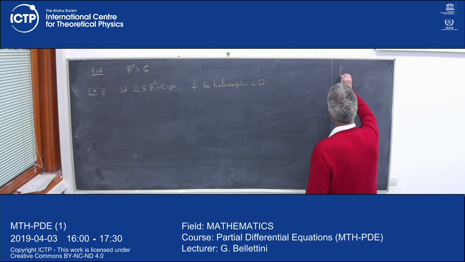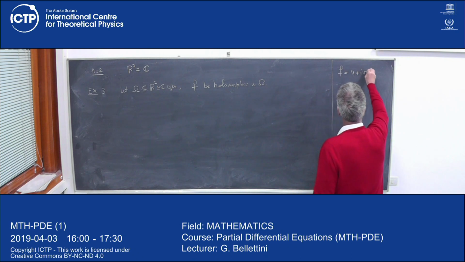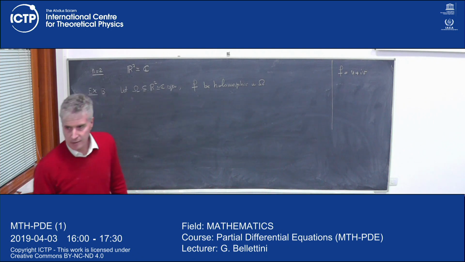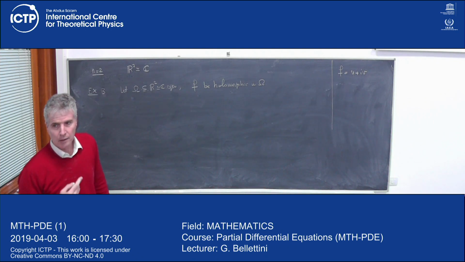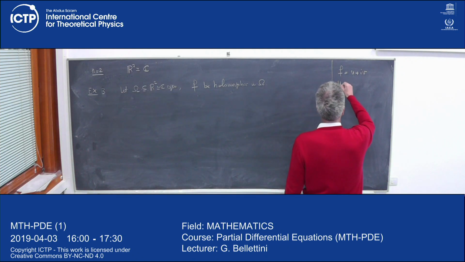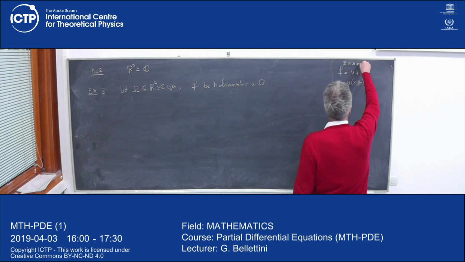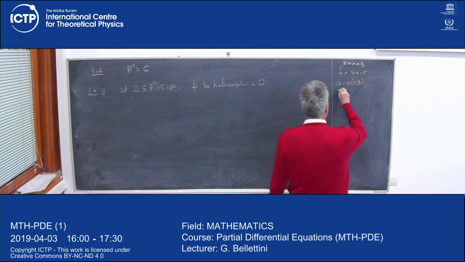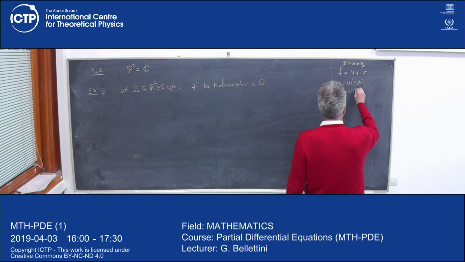So if I write f equal u plus iv, where u is the real part and v is the imaginary part of f, and I write u as u of x and y, so z is equal to x plus iy, and v equal v of x y.